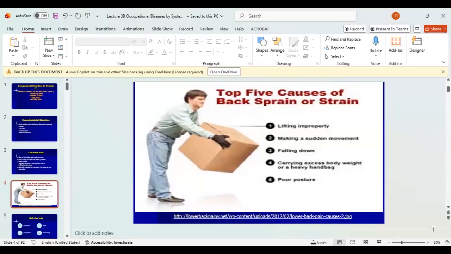But if you look at the size of the bags that some of these young ones are carrying, you may get the impression that they carry all the books they use in school on a daily basis. And this is certainly going to affect their posture and could have long-term consequences. So poor posture is a common cause of back pain or strain or sprain, whatever you want to call it.